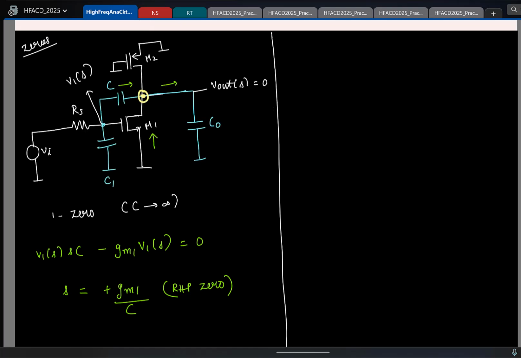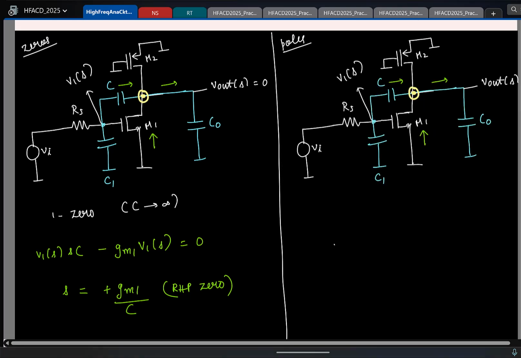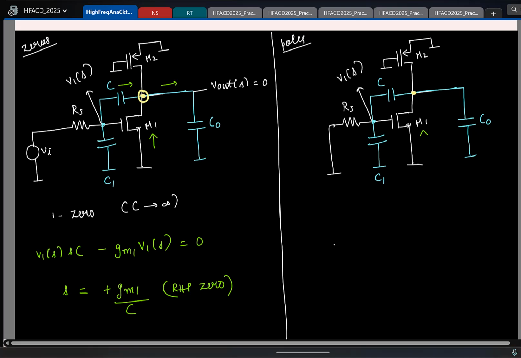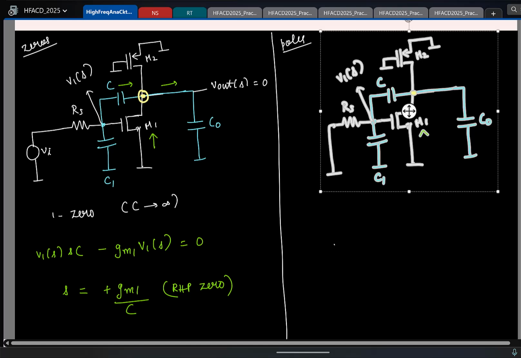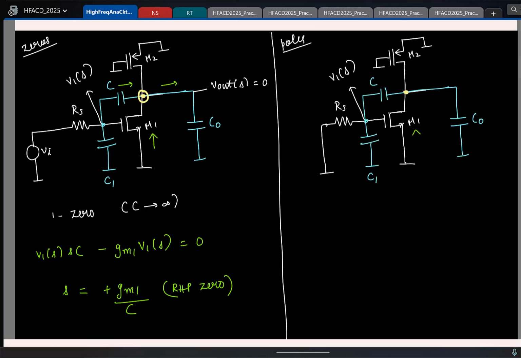Okay, so now let's move on to poles, which is where interesting things happen. Again, I'll short this. First of all, how many poles do I have here?